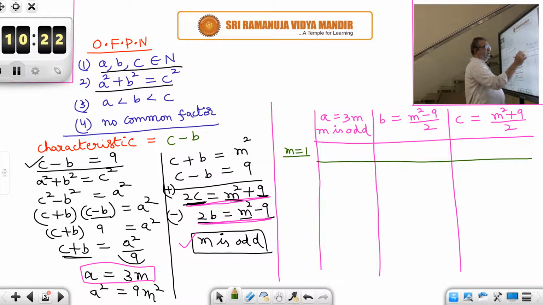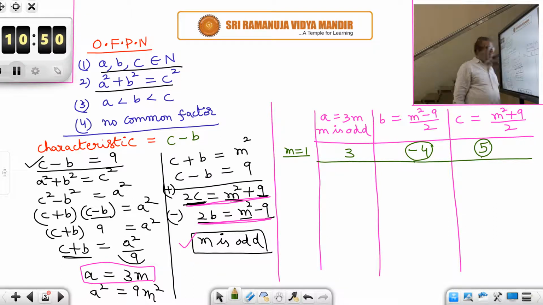So 3 into 1, 3. (1 square minus 9) by 2, minus 4. (1 square plus 9) by 2, 5. So 3, minus 4, 5. Between C and B, 5 minus (minus 4) is 9 only. Difference is 9. And 3 square plus (minus 4) whole square is also 5 square.